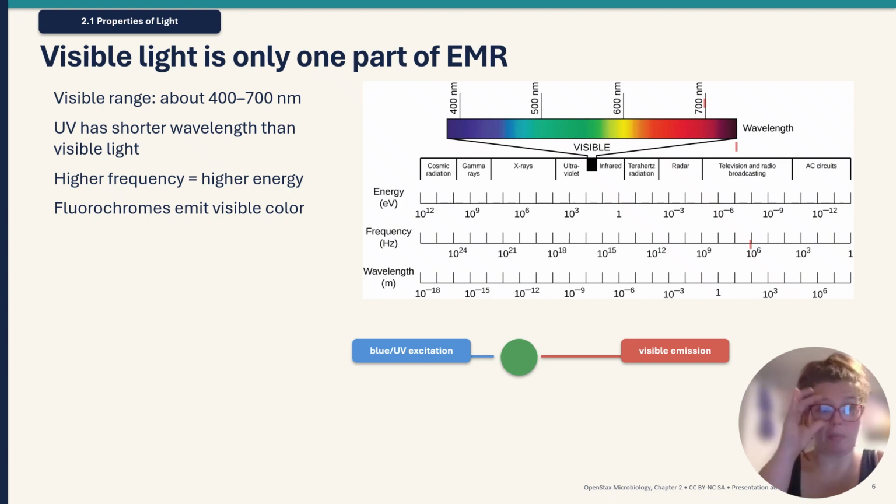Microscopes just use different portions of the electromagnetic spectrum depending on the type of microscope being used. Now, notice how the wavelengths increase from the left to the right, and then the frequency decreases from left to right.